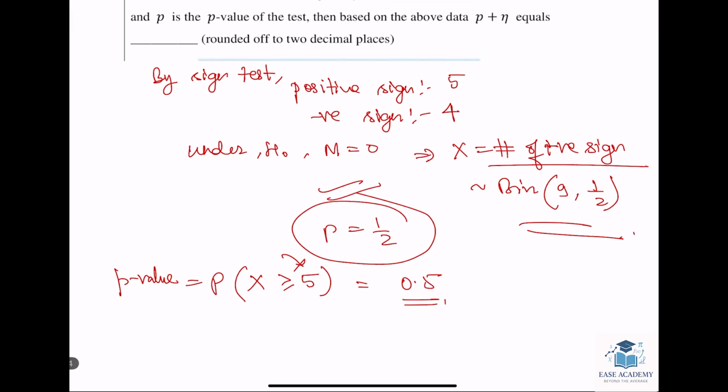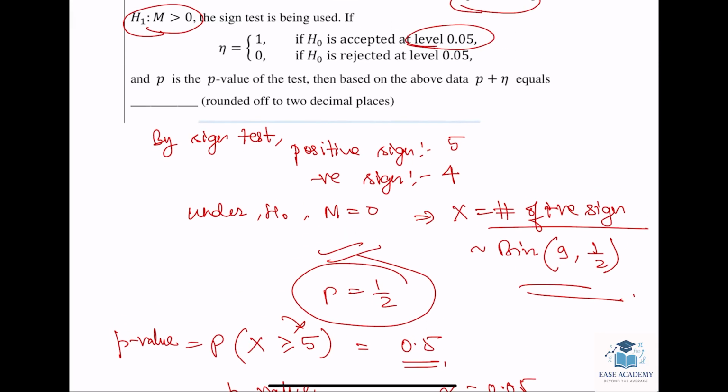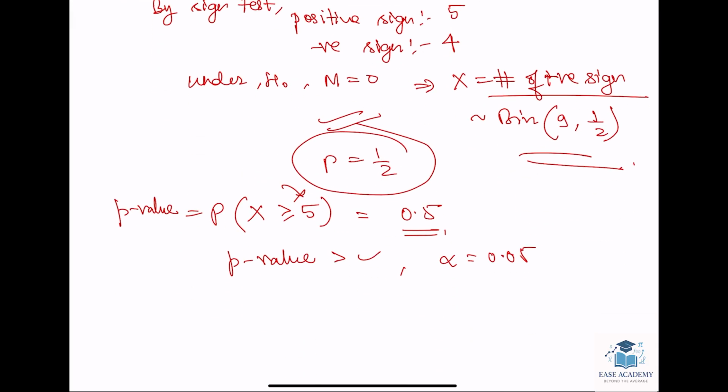And we can see the p-value is 0.5. Since alpha is 0.05, we have to check at the level of 0.05. Since the p-value is greater than alpha, that implies we do not reject H0.